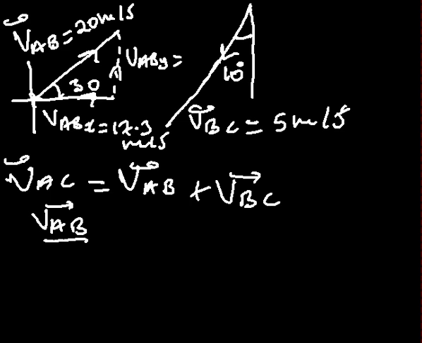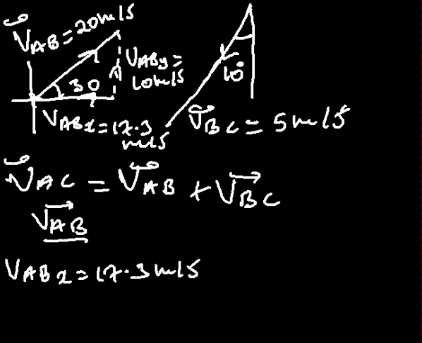So we'll have it as 10 meters per second. Therefore we have VABX given as 17.3 meters per second, and VABY given as 10 meters per second, like that.